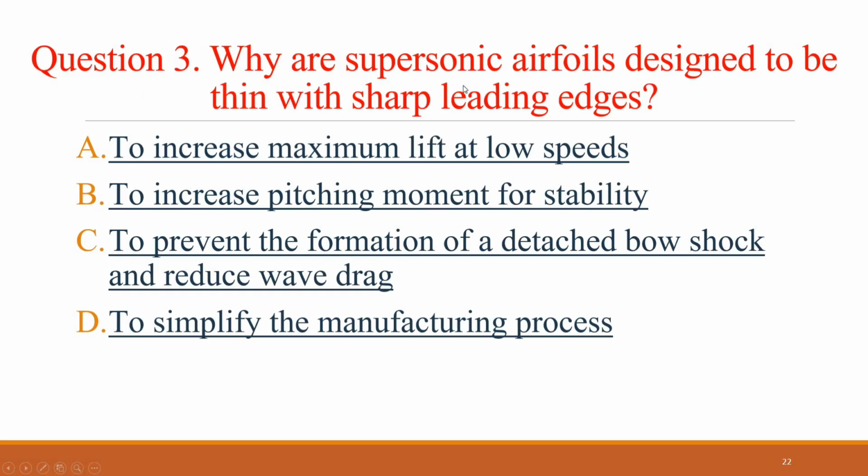Question 3. Why are supersonic airfoils designed to be thin with sharp leading edges? The correct answer is to prevent the formation of a detached bow shock and reduce wave drag.